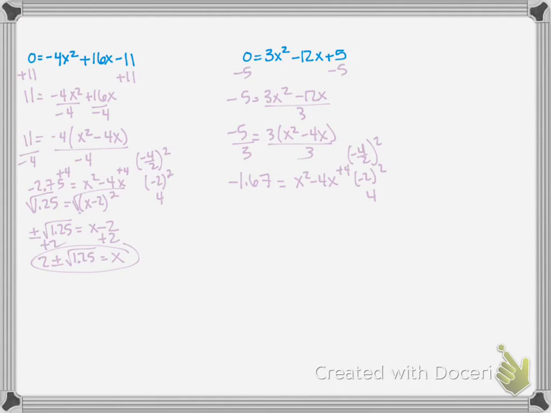So I'm adding 4 to both sides. So 2.33 is equal to x minus 2 squared. Opposite of squaring is square rooting. So plus or minus the square root of 2.33 is equal to x minus 2. Add the 2. x is equal to 2 plus or minus the square root of 2.33.